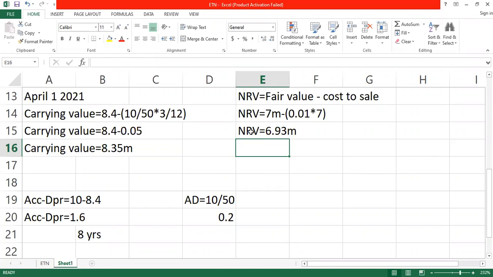You are working in millions, so that's okay. The net realizable value can also be gotten this way: the amount that we should have taken is 7 million, but we are paying 1%. It means that we are only taking 99% of the amount, so you can find 99% of the 7 million, and you are good to go.